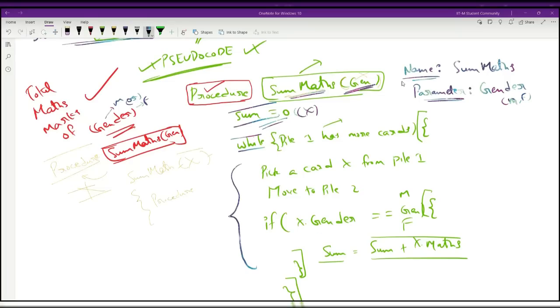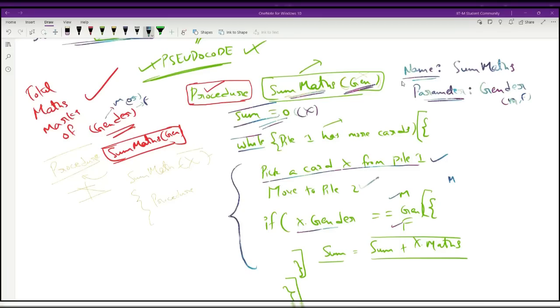Now, while pile 1 has more cards, pick a card from pile 1. This is a very basic step. And we move on to pile 2. From pile 2, we will check if the gender matches the desired result or not. Say for example, we want to find out the total marks of all male students.